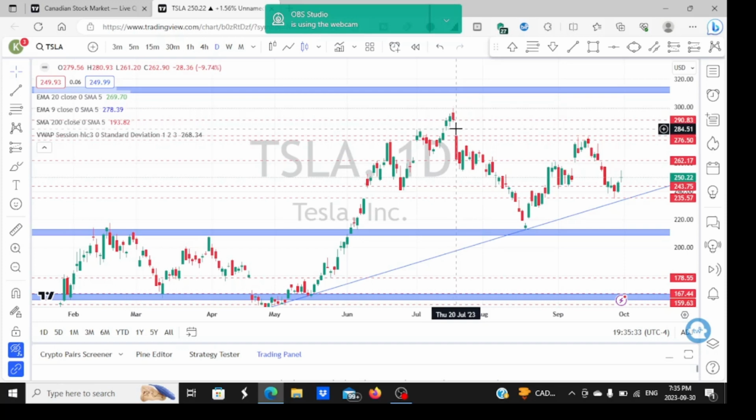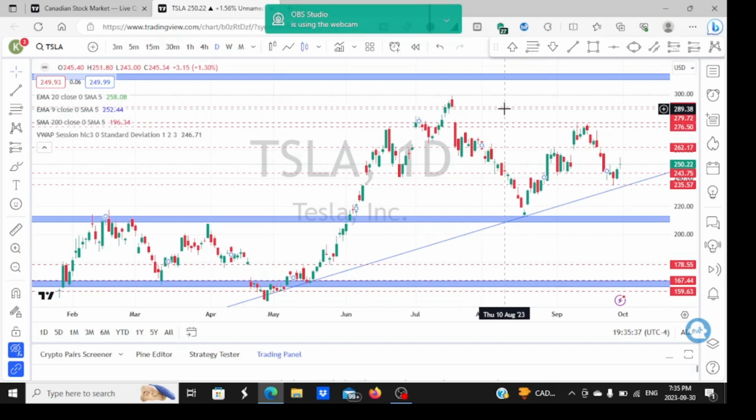So we have Wednesday, then we have Thursday. There's a gap created there. And what happened is that it was from 290.50 and it came down to 280. That's like a 10 point drop, right?